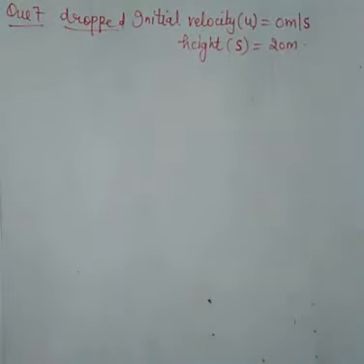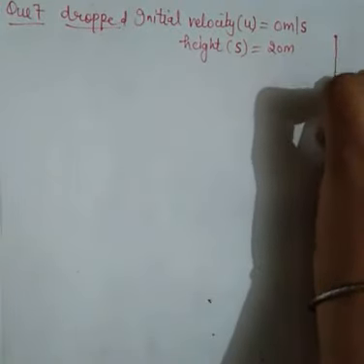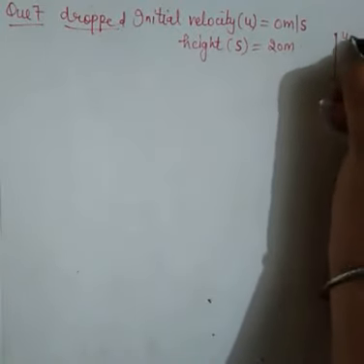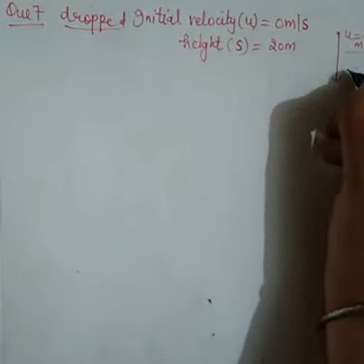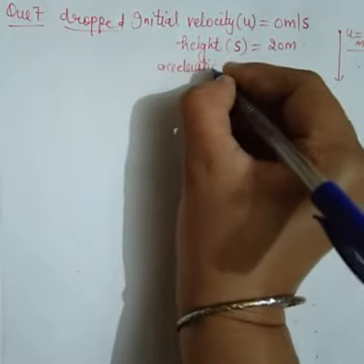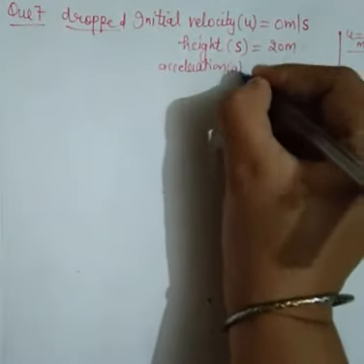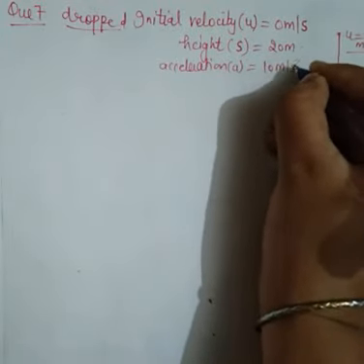So height, that is S, or you may denote it with H, is 20 meters. Its velocity increases uniformly at a rate of 10 meters per second. Whenever a body falls freely, its initial velocity is 0 meters per second, and acceleration A is 10 meters per second square.